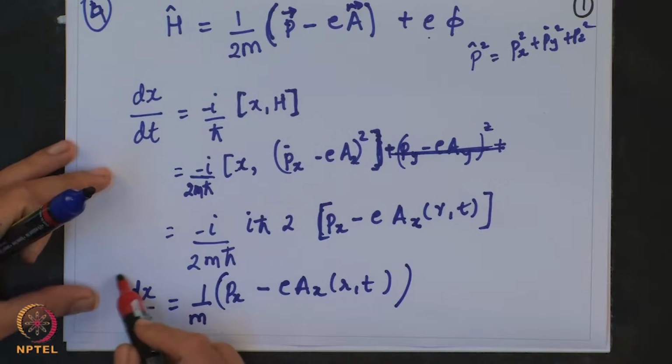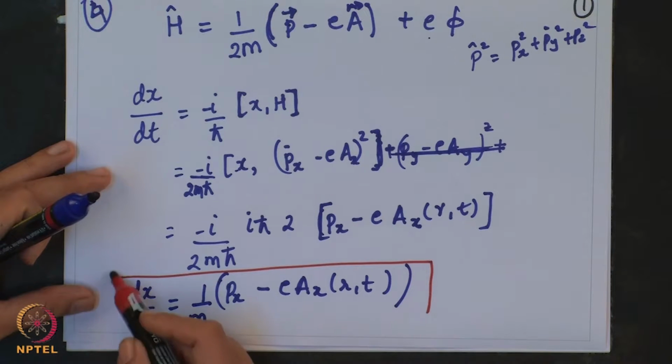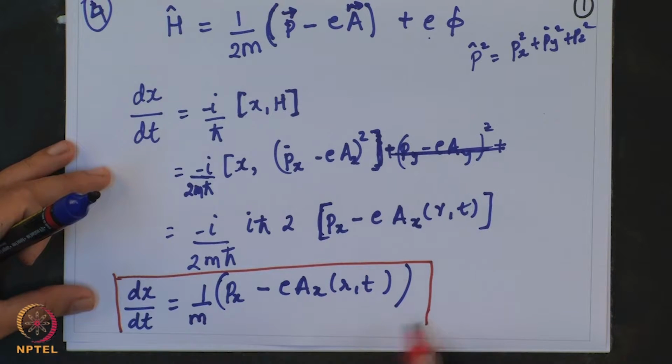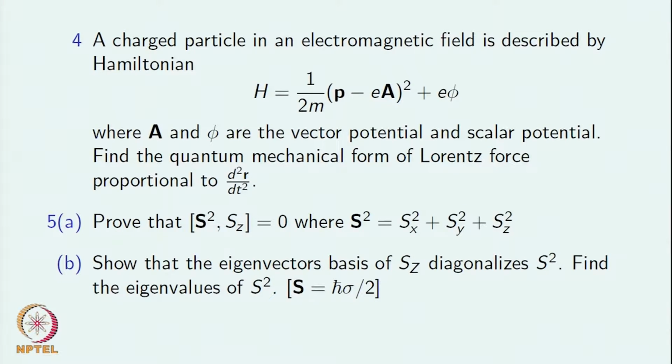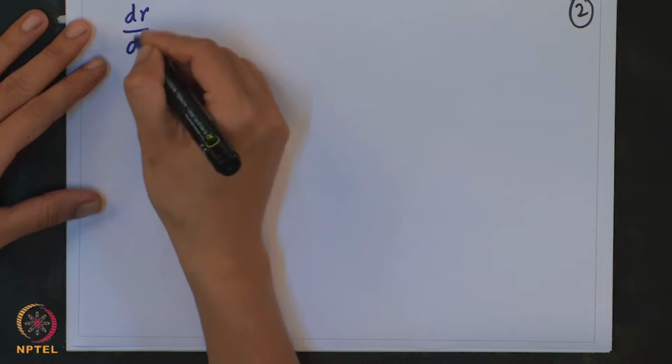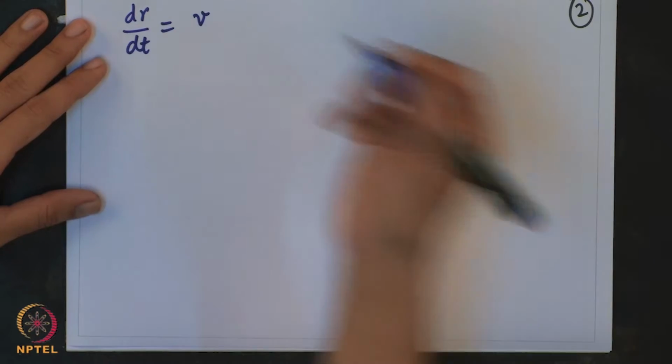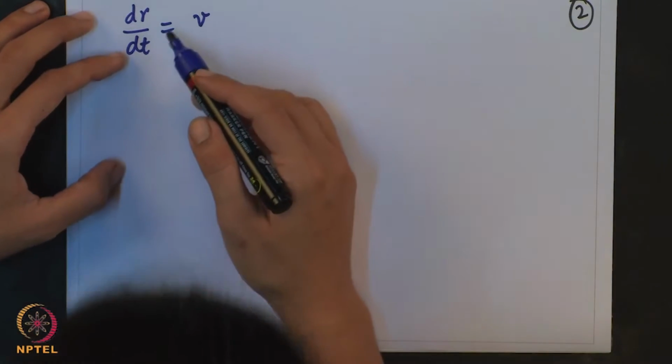The next step would be to calculate dV by dt. Now, we know the simple definition of velocity V will be dr by dt. So dr by dt will give me V, and this was for dx.